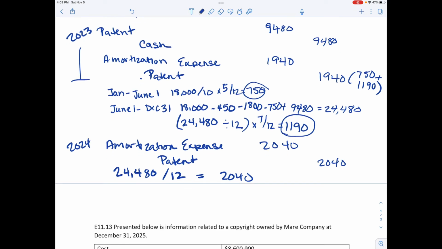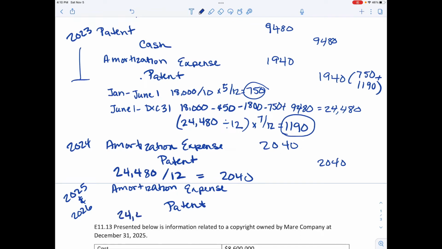So in 2024 and 2025 and 2026, again, we're going to debit that amortization expense, credit the patent, but now we have to figure out how much we have available in that carrying value right now.